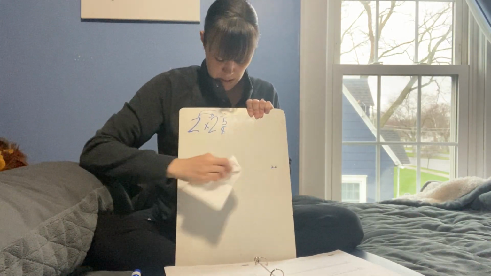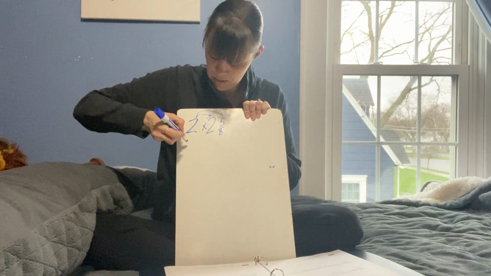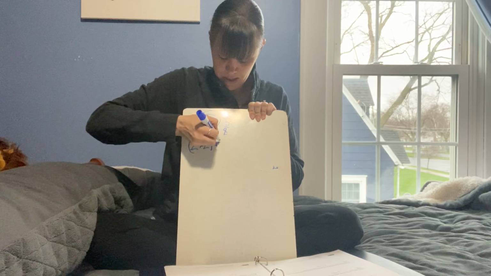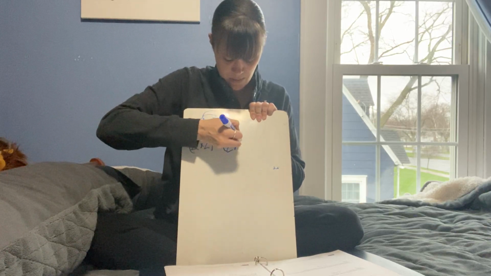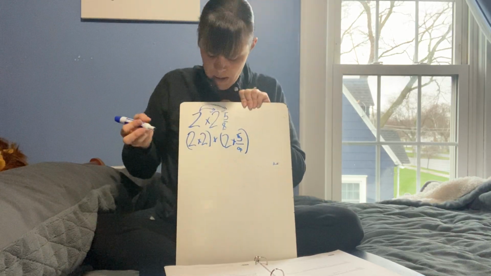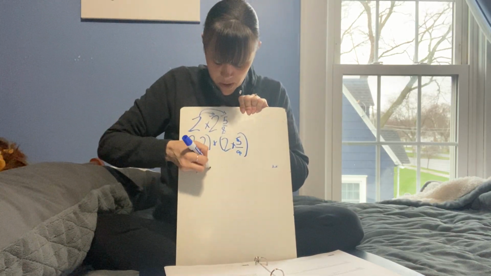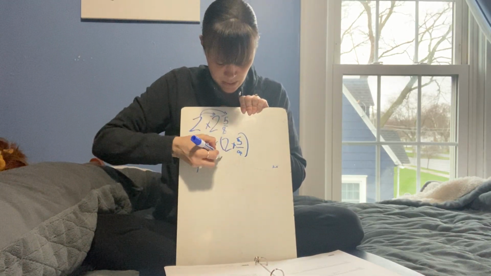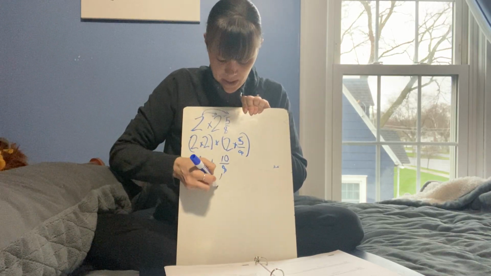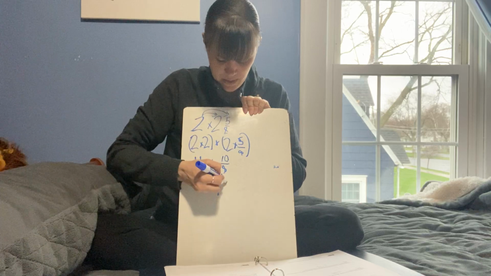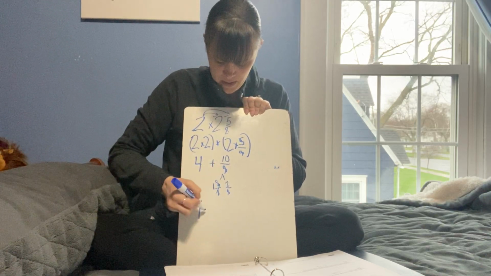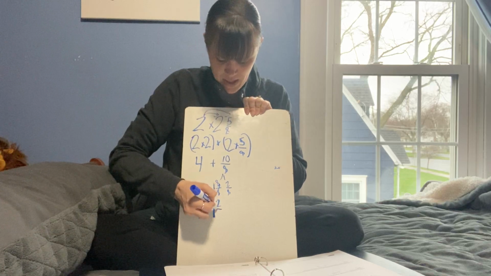So erase that. We are doing 2 times 2 plus 2 times 5/8. 2 times 2 is 4, plus 2 times 5 is 10/8. That one I can just pull out 8/8. That's an easy one. 8/8 is 1 whole, so that's 4 plus 1 and 2/8.